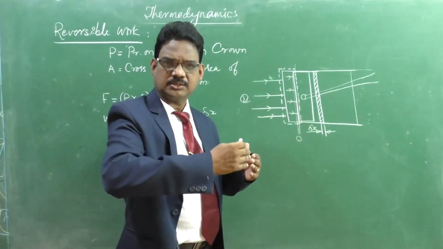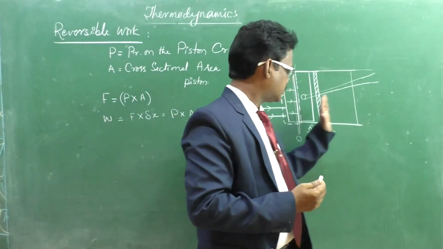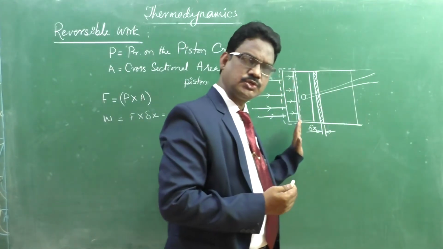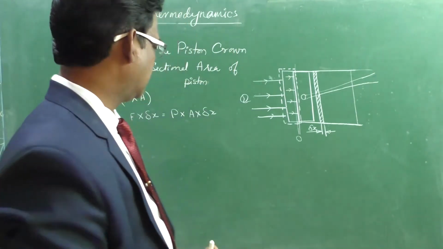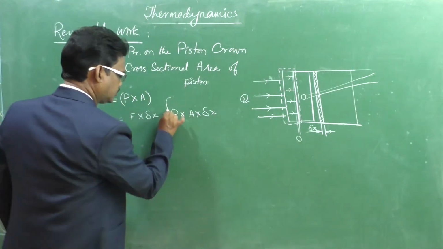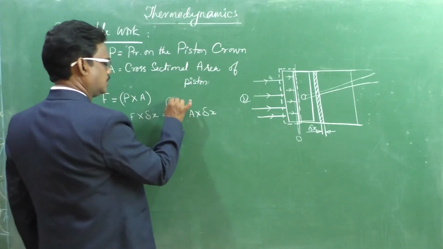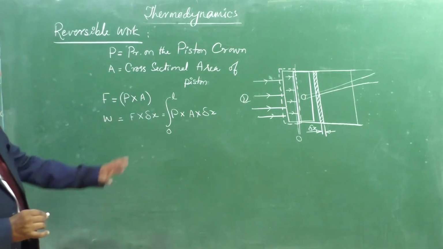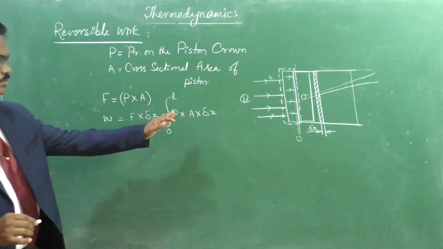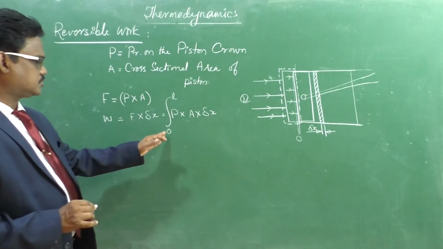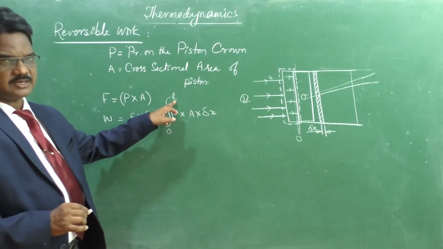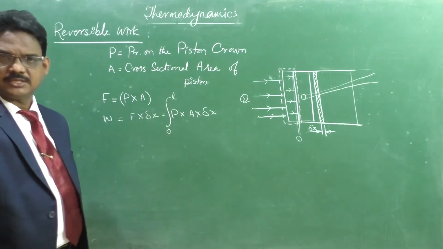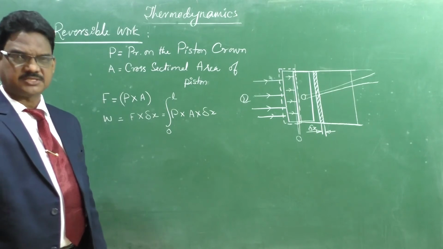It goes up to the stroke length, that is, 0 to L. Up to that we need to integrate: integration of P into area into delta x within the limits 0 to L. Here x also goes from 0 to x, which is the total displacement.